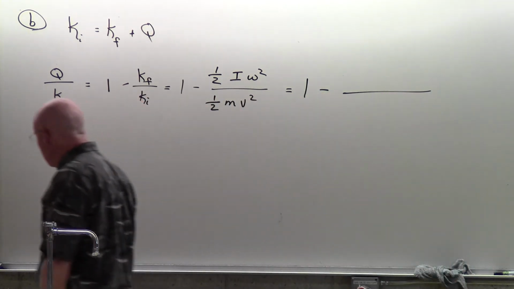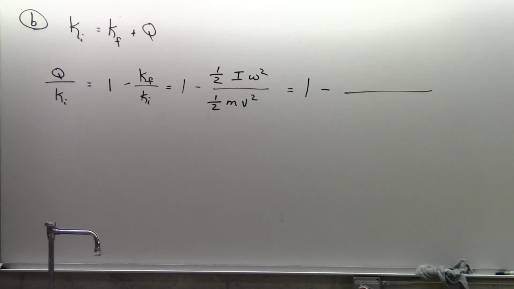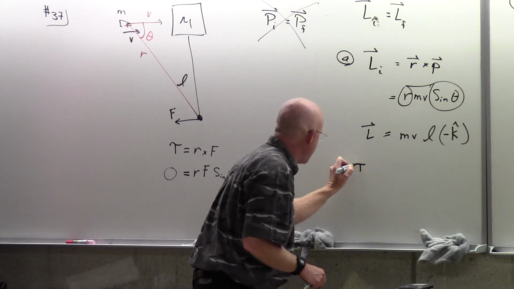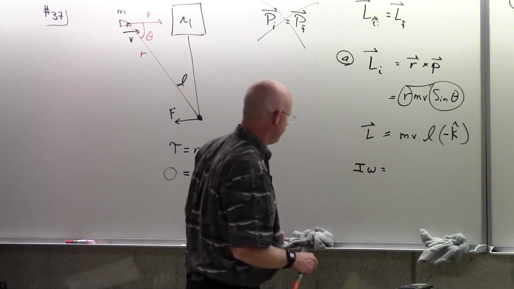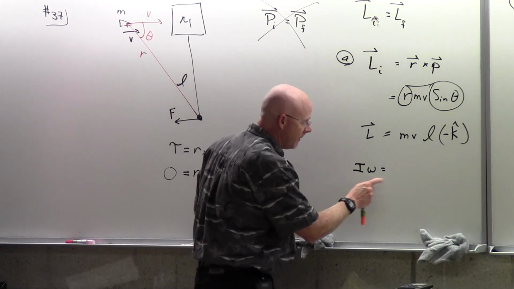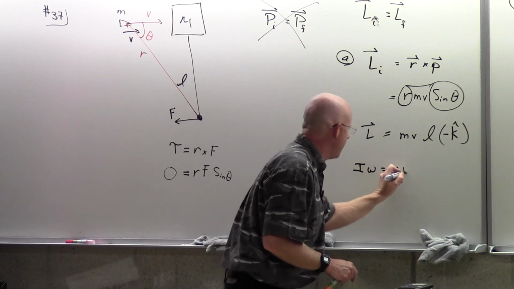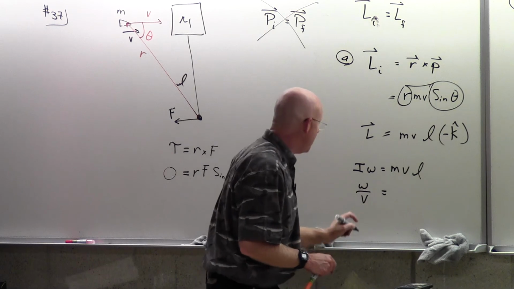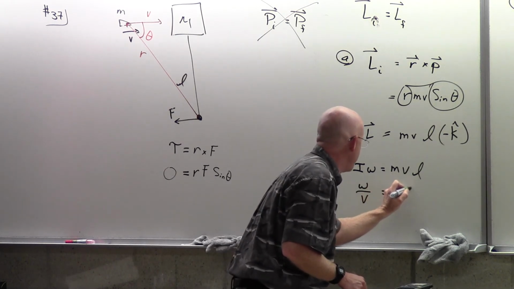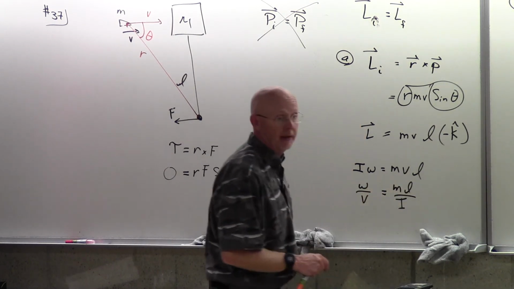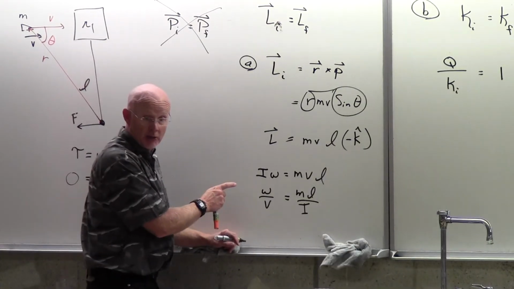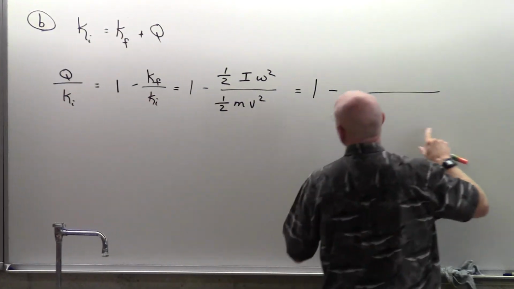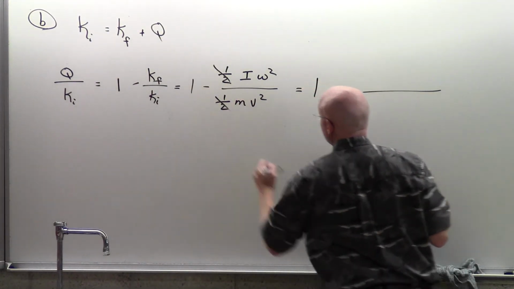Now, if I look at what I did over here in A, then this angular momentum, which would be I omega, would be m v l. So omega over v would be m l over I. And so I'm going to take this information that we got in part A and put it over here for part B, and in fact, I'll just cancel off the 1/2.